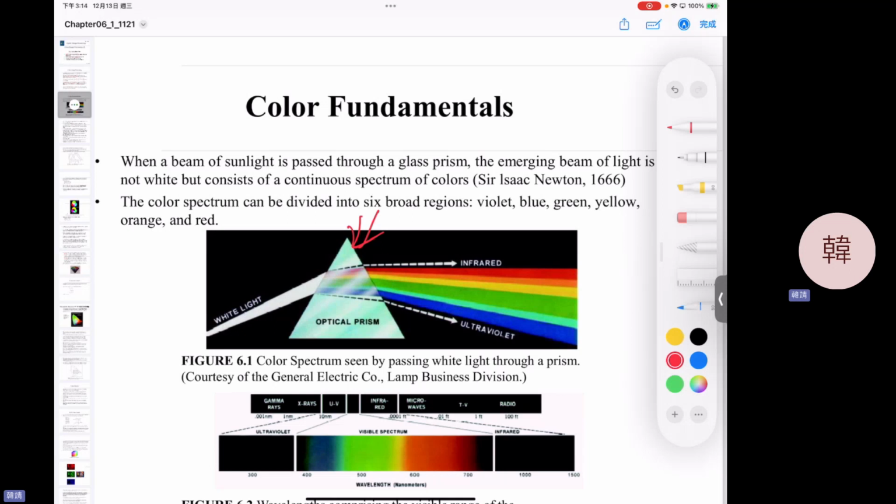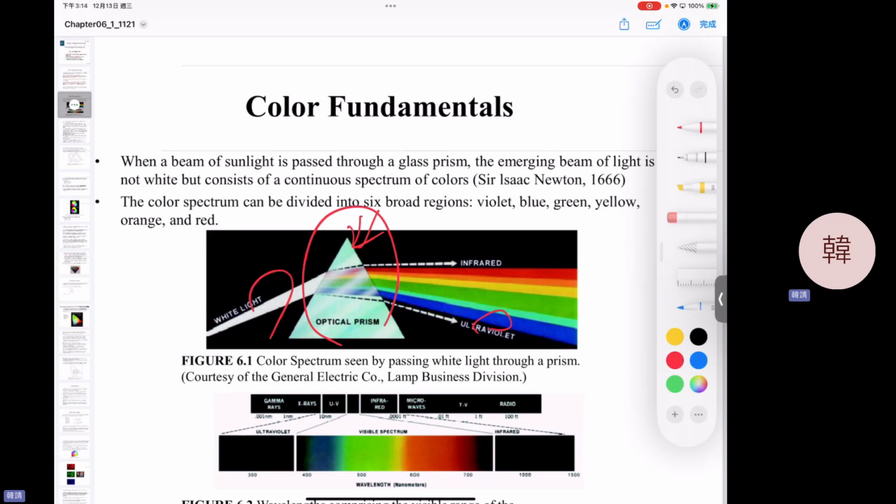For example, shorter waves like blue have a larger bending angle than red. So with this prism, you can clearly see that white light has different visible components, from red to blue. This was discovered by Newton about 350 years ago.